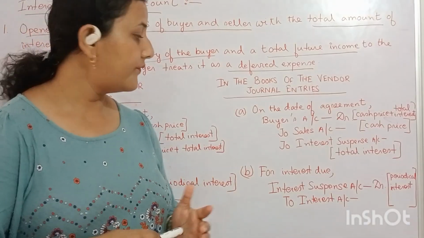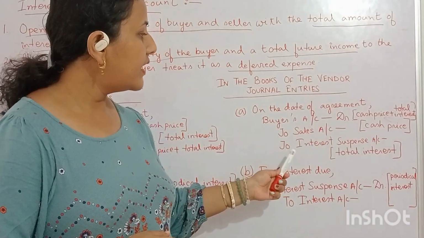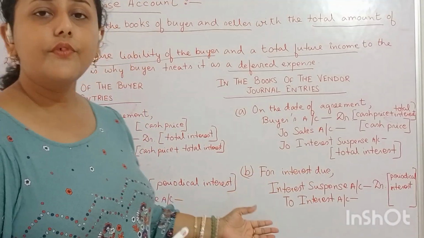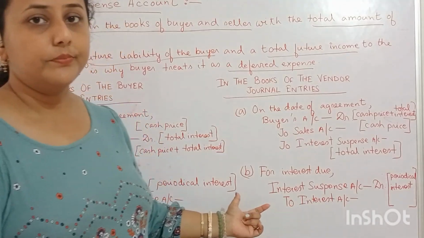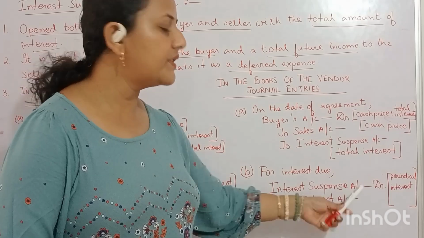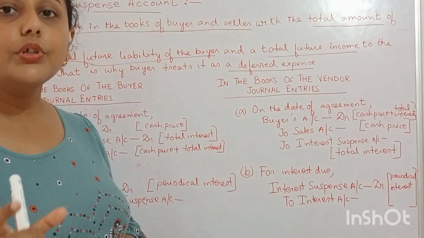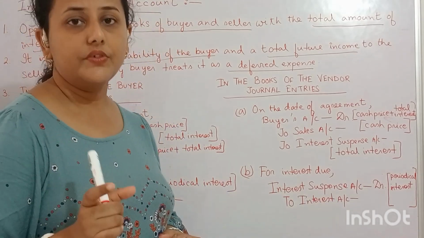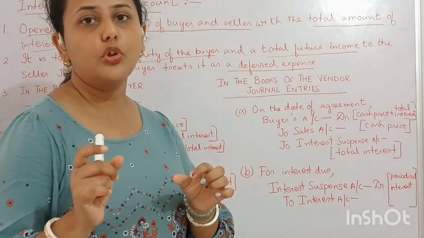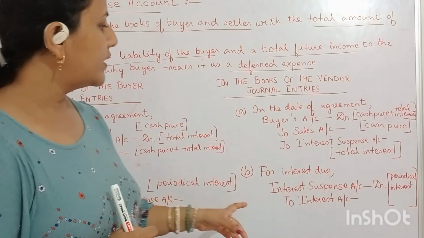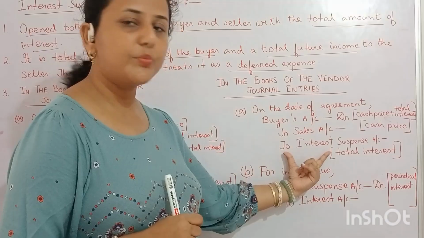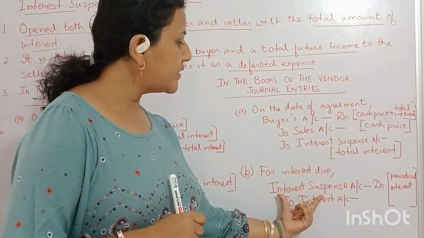And then for interest due, it is again interest suspense account. Here it is credited, but it's an income for the vendor or the seller. So interest account will be credited, and here interest suspense account will be debited with the total periodical interest, that is the amount of interest included in each installment. See here, interest suspense account credited, interest suspense account debited.